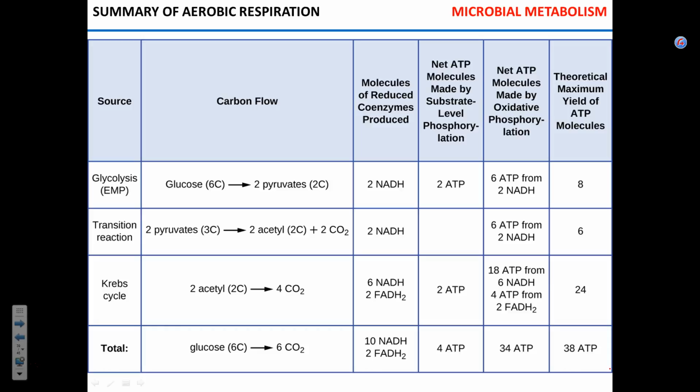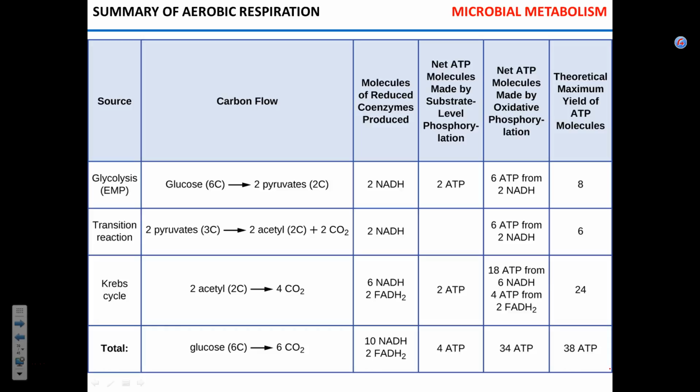In the Krebs cycle, I don't really care that much about the individual molecules. I will not ask you. What I may ask you is that when acetyl-CoA and oxaloacetic acid are combined, they produce citric acid.